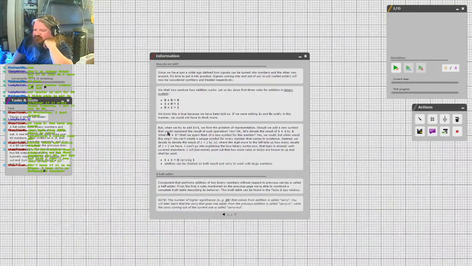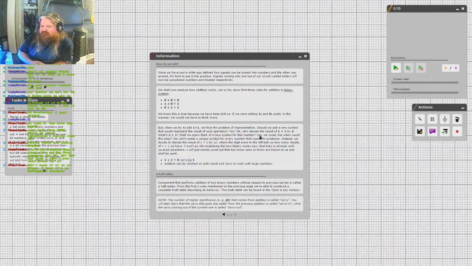Should we add a new symbol that would represent the result of such an operation? Yes. Okay, let's denote the result of 1 plus 1 by 2. What's 2 plus 1? Shall we add again a new symbol for this number? Yes, we could. But when would we stop? We can't create a unique symbol for every number that comes into existence.